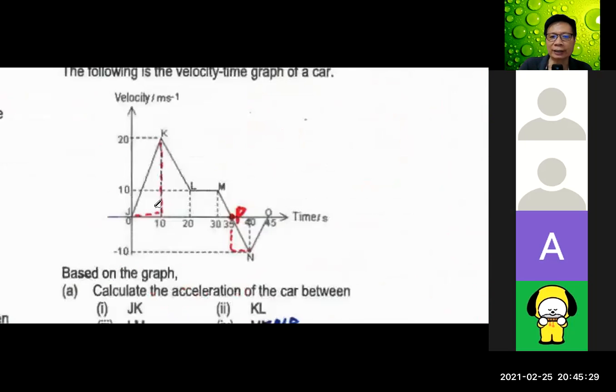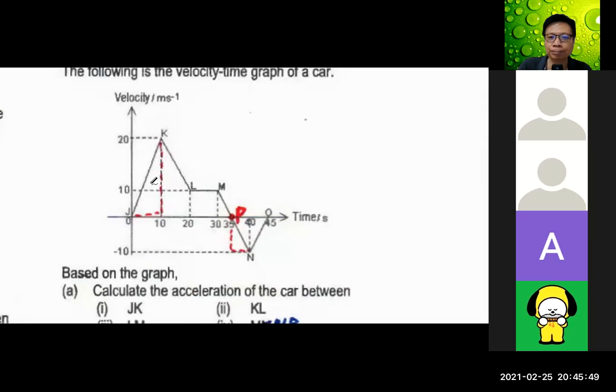The first 10 seconds is here. Then the car moving with uniform velocity is this part. And the last 10 seconds must be here, 35 to 45. So 3 sections, and you need to find the area now.